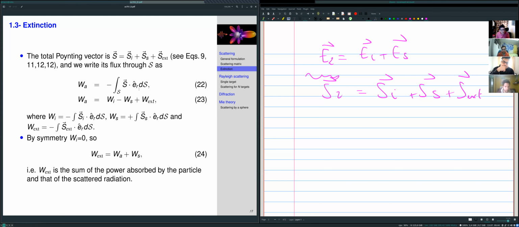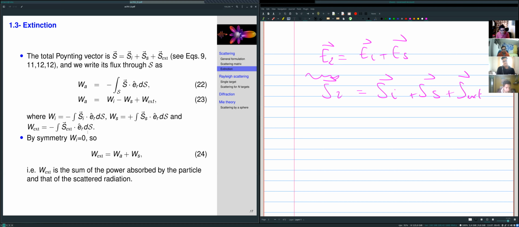And we decompose S in terms of S_I, S_S, and S_ext, extinction, to write down the flux of the incident Poynting vector W_I, which is minus the surface integral of S_I. We have chosen to define W_S with a minus here, and this time we have a plus in this definition of W_S. And we have W_ext, extinction, as expected.